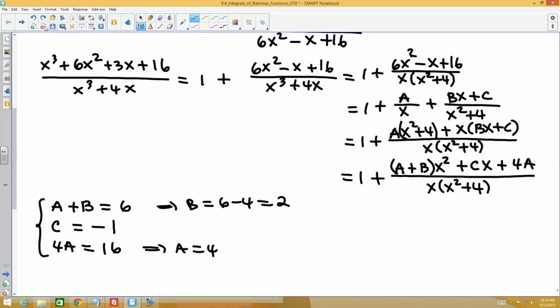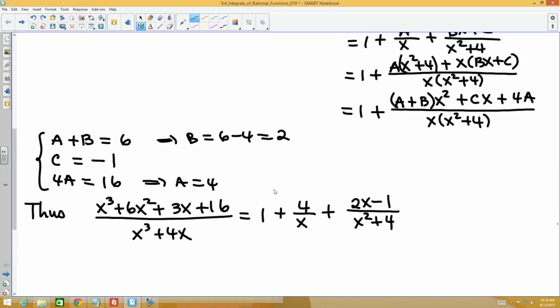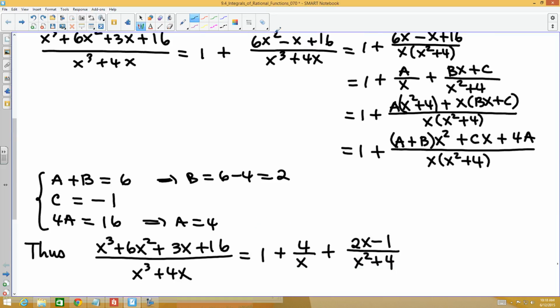Now rewriting the integrand, we obtain (x cubed plus 6x squared plus 3x plus 16) divided by (x cubed plus 4x) is 1, that we obtained earlier, and then the partial fractions: A is 4 over x, plus (2x minus 1) divided by (x squared plus 4).